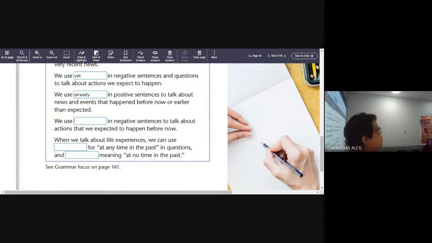Okay, so we use still in affirmative sentences in the simple present, but when I'm talking about actions from the past that haven't happened yet, so we say it still hasn't happened, then we go to present perfect. Okay, so we can put here still in negative sentences to talk about actions that we expected to happen before now, okay?